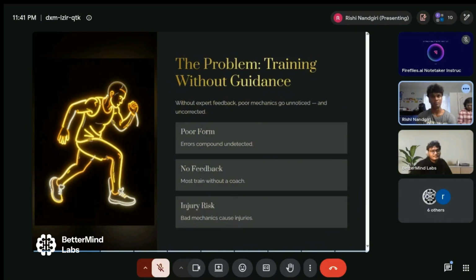In my case, I do track, and my part of the project focused on the sprint portion. When I see people with bad form, it leads them to get injured, and most of them train without a coach. Those were some of the reasons I made this application.